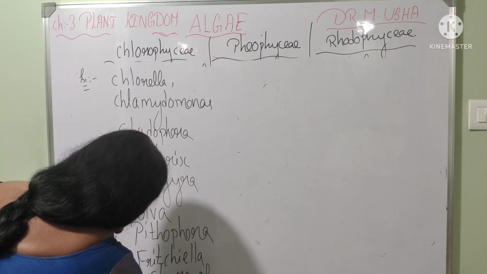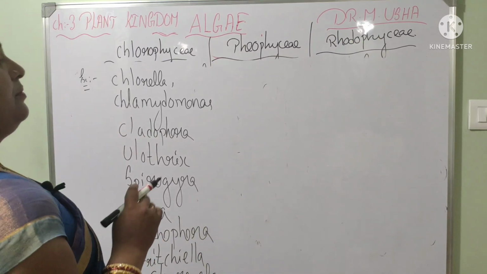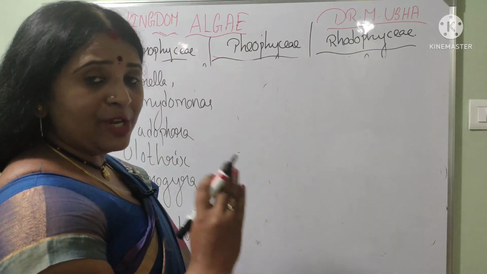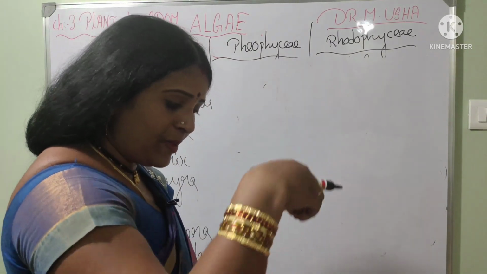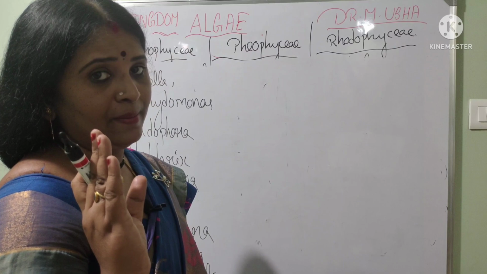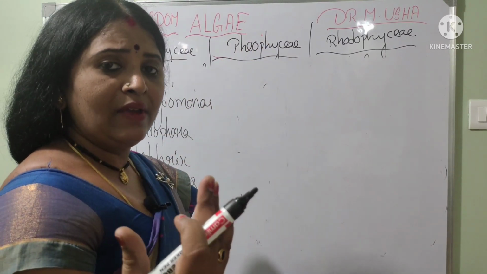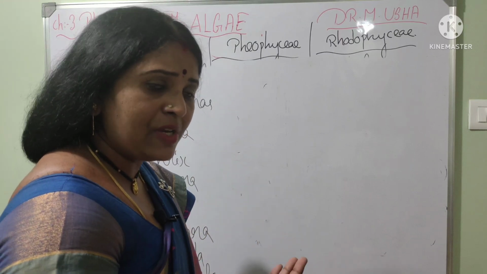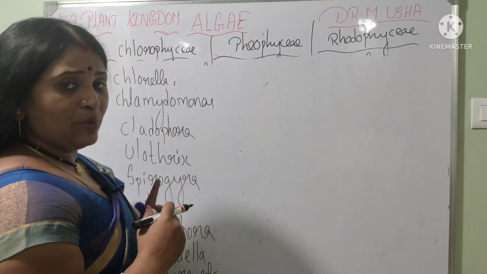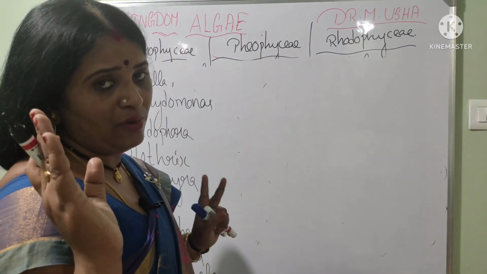So many examples. Generally they will ask, find out from the following the green algae, mentioning certain brown algae, yellow algae and blue-green algal names, and they will ask which is the Chlorophyceae member.